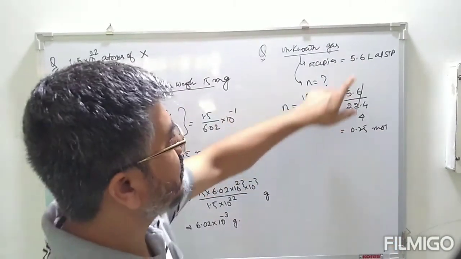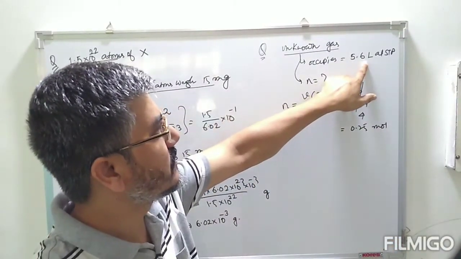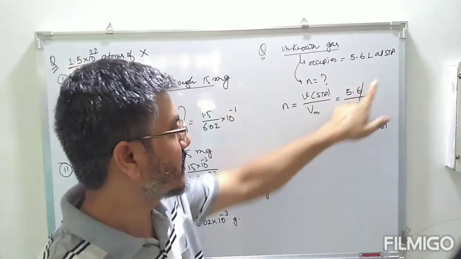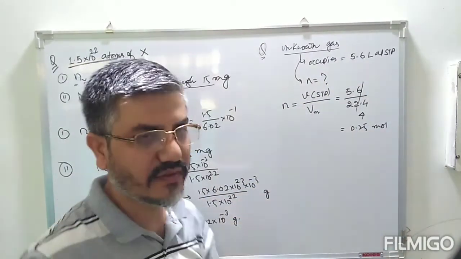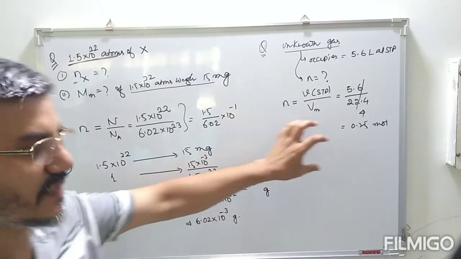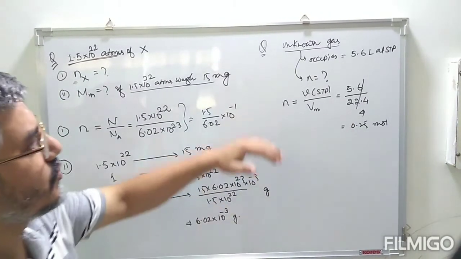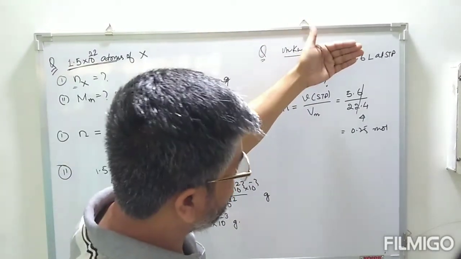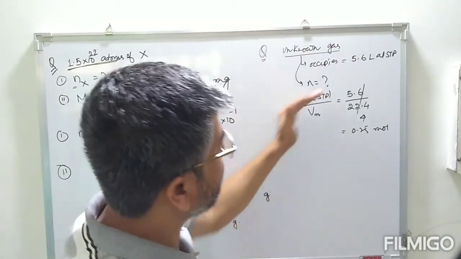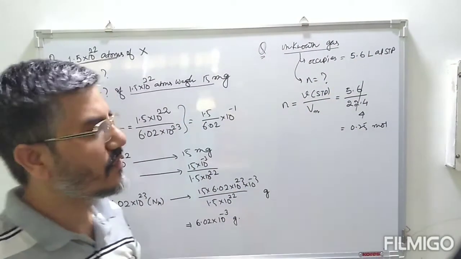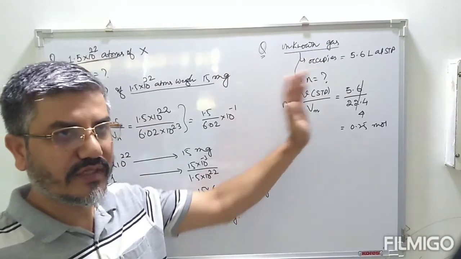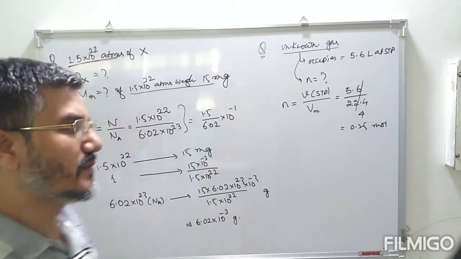So 5.6 liters of the gas at STP corresponds to 0.25 mole of the gas. So whether we have the number of moles or the volume, one can easily convert from one term to another.